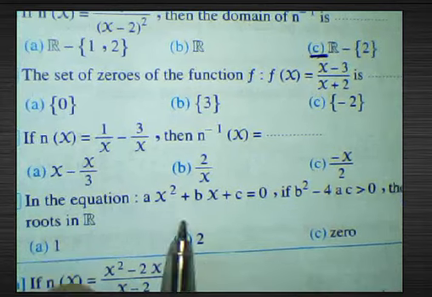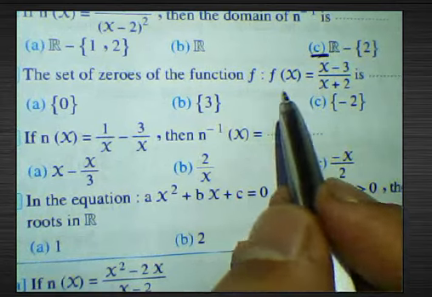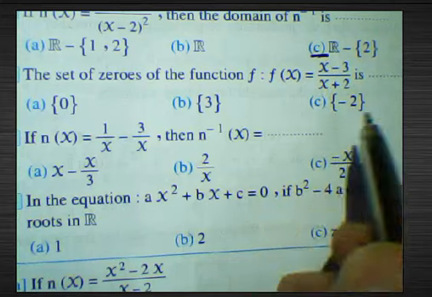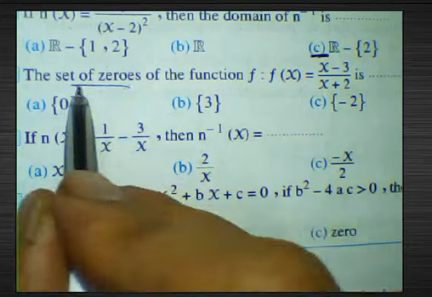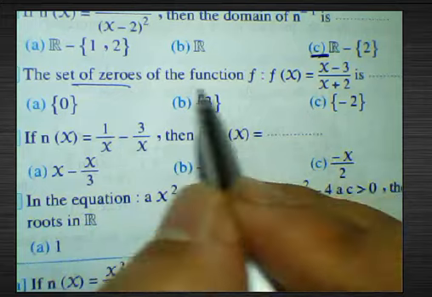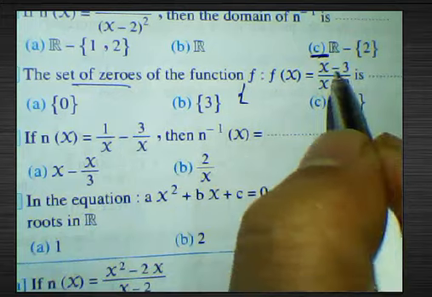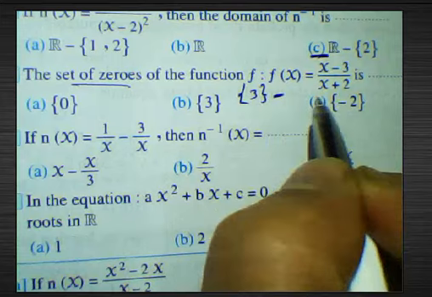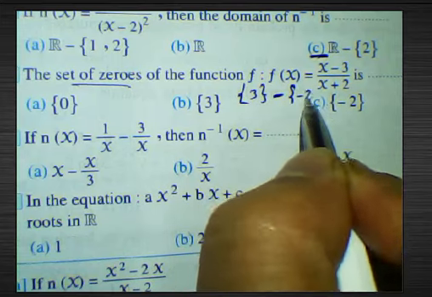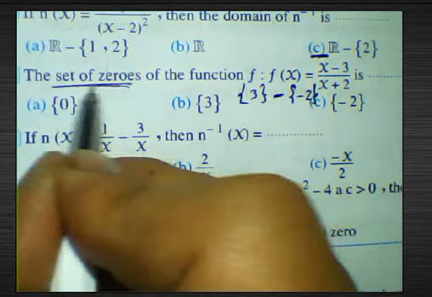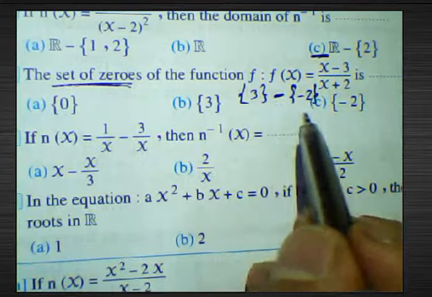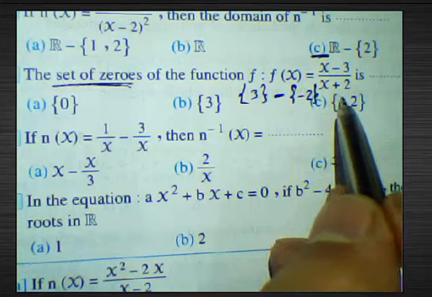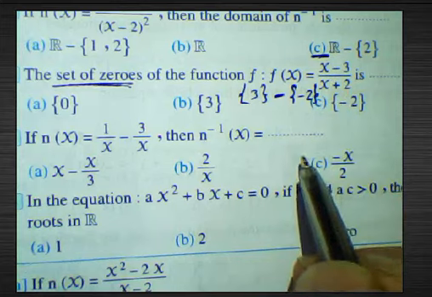The set of zeros of the function f of x equals (x minus 3) over (x plus 2) is asked about. Set of zeros means we find the zeros of the numerator, excluding the zeros of the denominator. The zeros of the numerator give 3, excluding the set of zeros of the denominator.